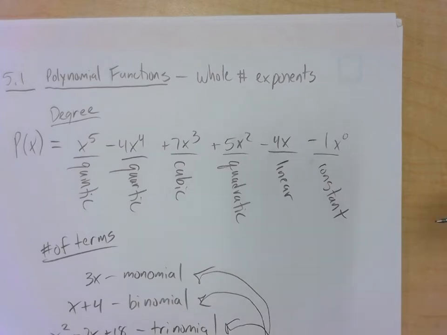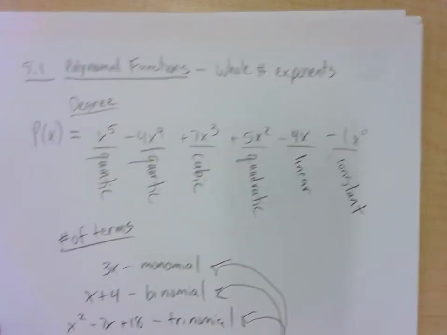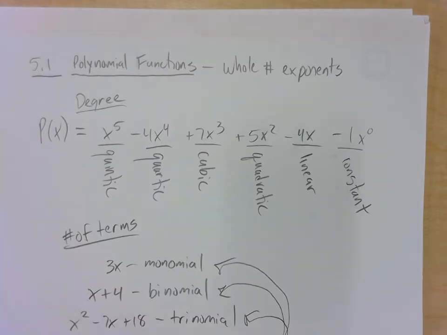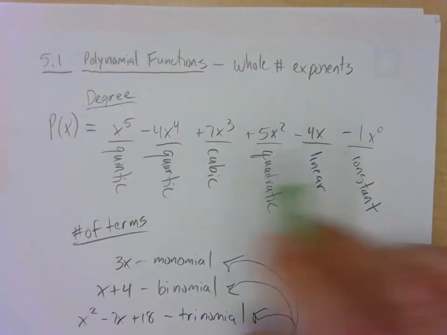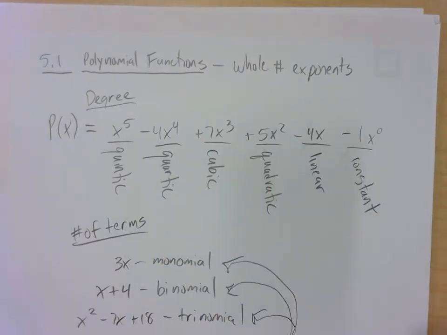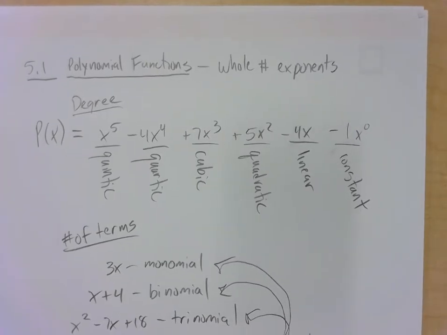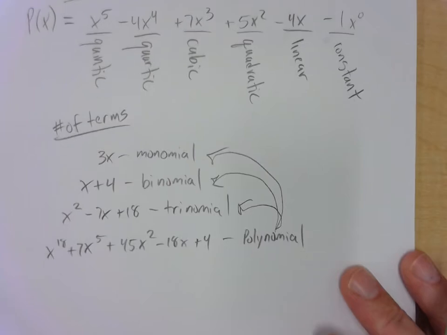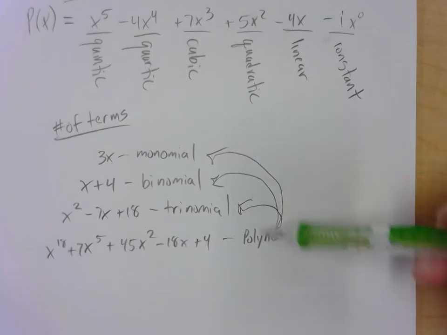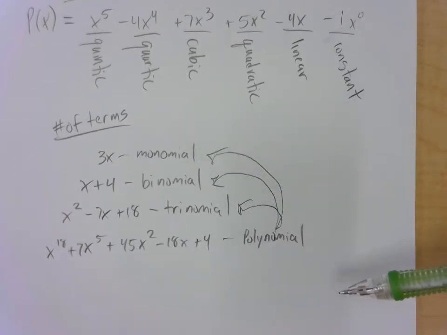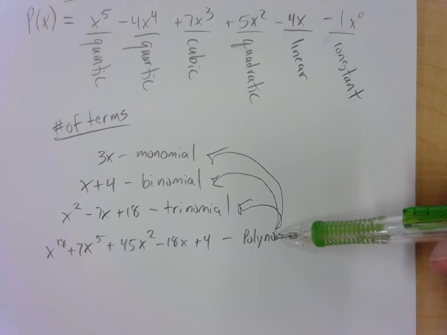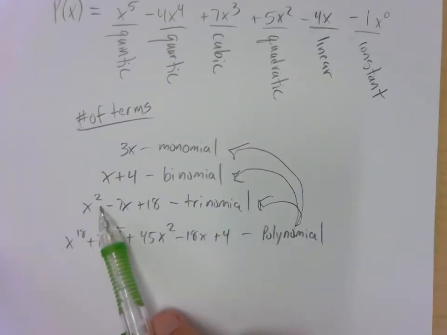Polynomials kind of follow the decimal number system. So there's an order to it. They go by power, just like the tens place, the hundreds place, the thousands place, etc. So we're going to classify our polynomials by degree and by the number of terms. But again, every single one of these is a polynomial. So a trinomial is a polynomial, right? Because it has the whole number exponents.